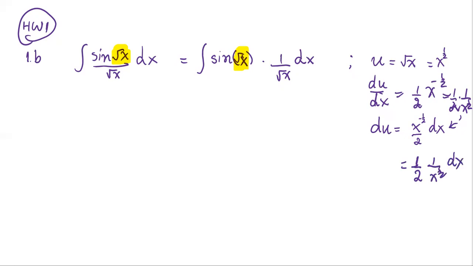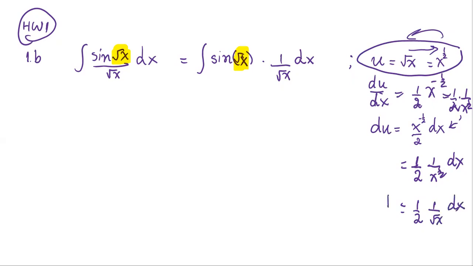And what is another form of x to the power 1/2? This is what you started with. You went forward; this time you're going to go backward. You have the power 1/2, that means you have the square root of x with respect to x. Okay.